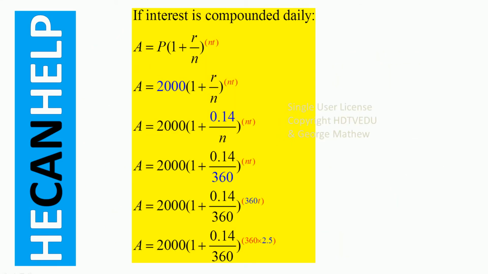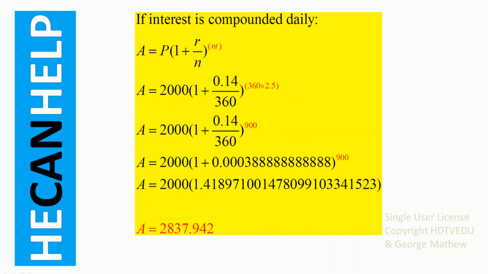So we substitute the numbers that we know. Substitute for P, substitute for R, substitute for N, and substitute for T. And when you do all the algebra, we get 2,000 times, what is R? 0.14. What is N? 360. And 360 times 2.5.